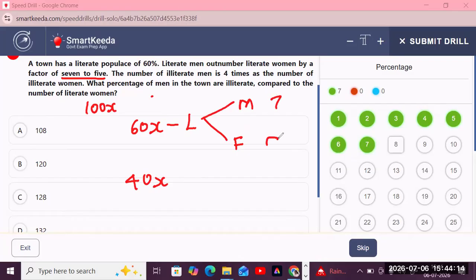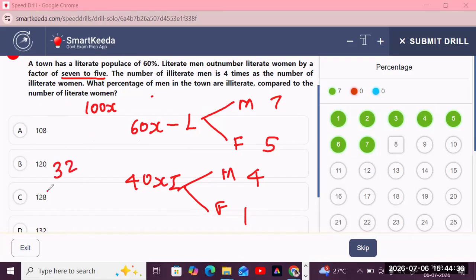Assume the number of illiterate men is 4 times that of illiterate women. What percentage of men in the town is illiterate?